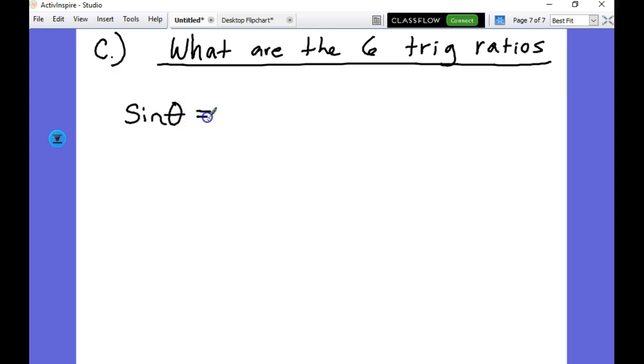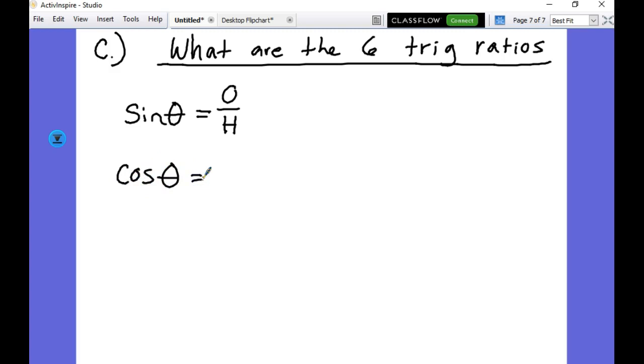Now, sine is always, does anybody remember? Yeah, very good, SOHCAHTOA, right? Sine is opposite over hypotenuse. So, remember SOHCAHTOA from geometry? Oh my gosh, I remember that. Yeah. I'll write it down for you in a minute, but for now, let's just get the definitions up here, but then I'll show you how you can remember these.